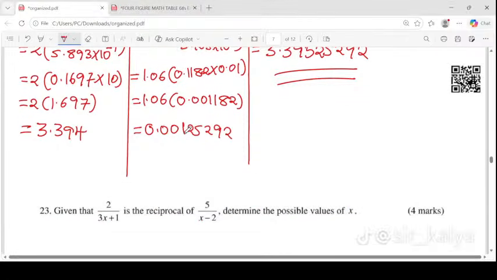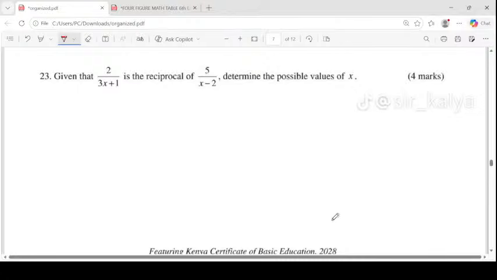Let us opt to do the next question. That is question number 23. Given that 2 all over 3x plus 1 is the reciprocal of 5 over x minus 2, determine the possible values of x.